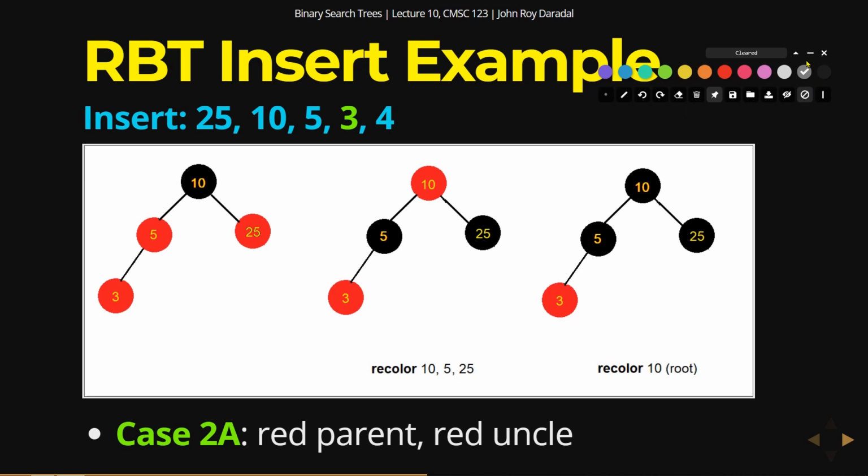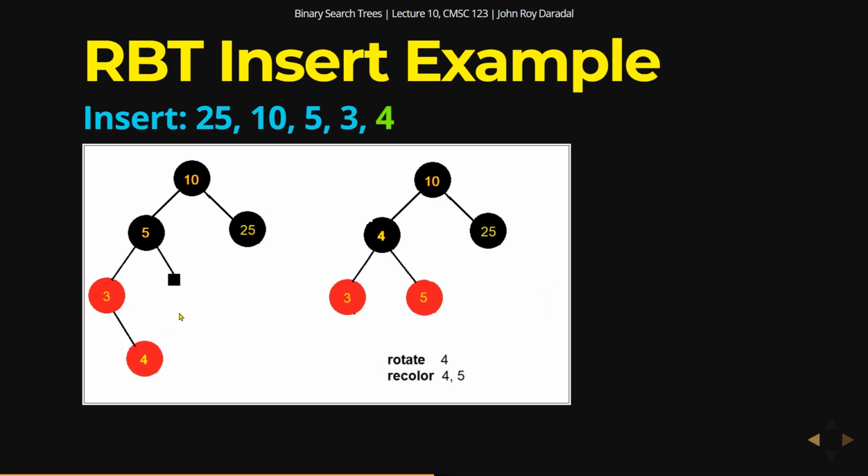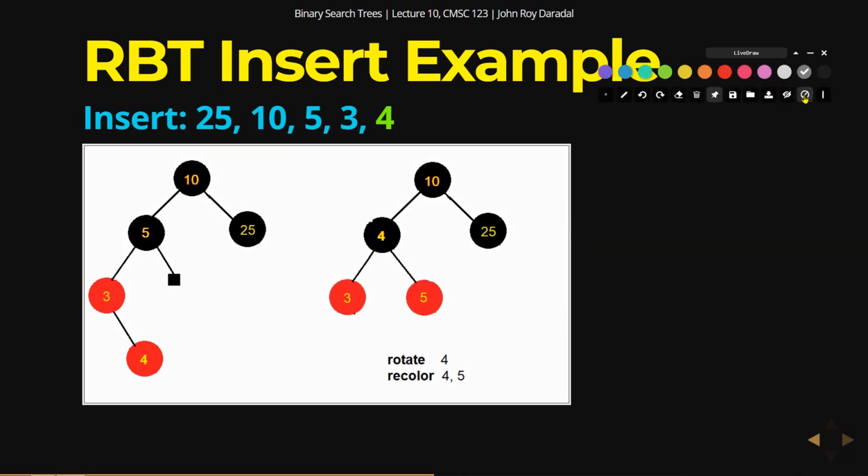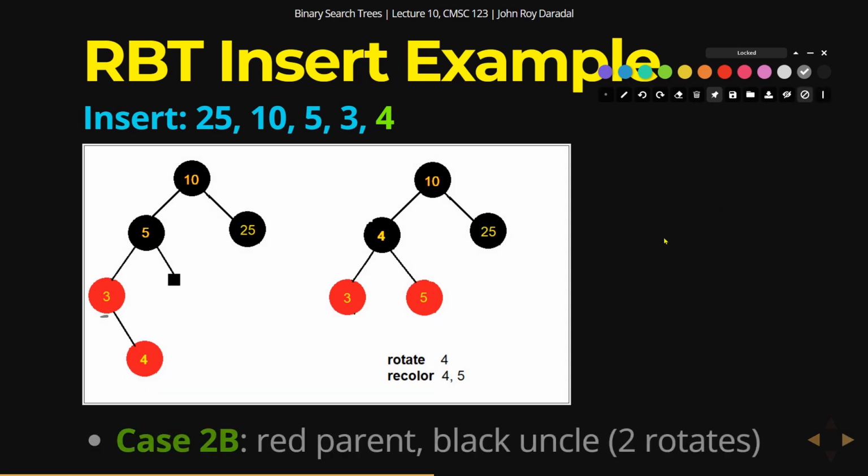So what will happen there? Okay, let's check. We added 4 here. Let's check the pattern. It's a red parent with a black uncle, but the pattern follows an angle.